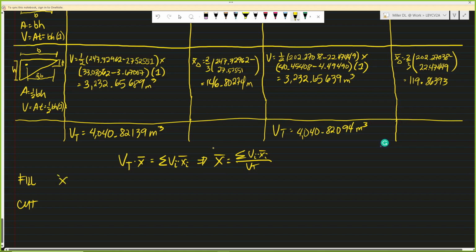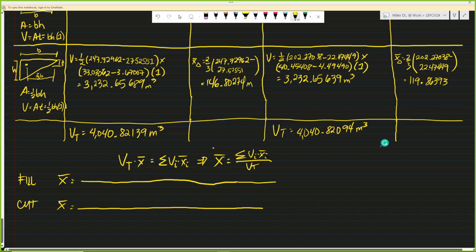So, x bar is equal to, okay, so volume muna tayo ng fill.